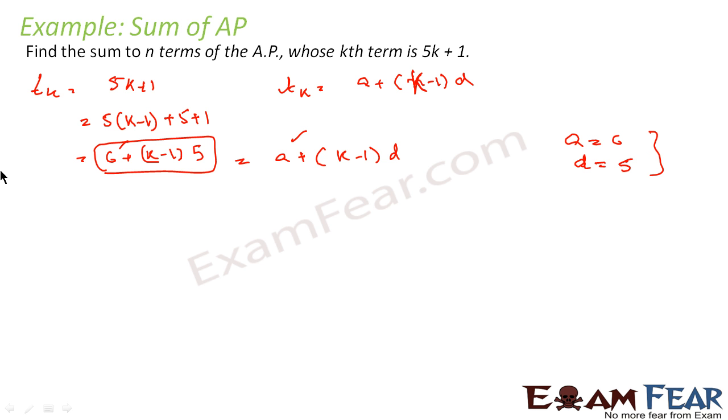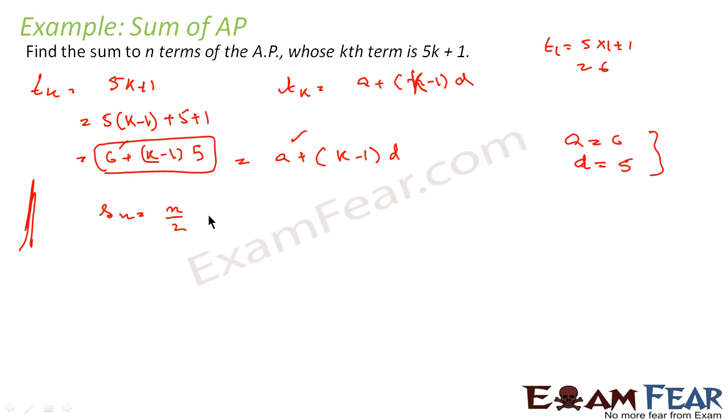Now we have to find Sn. Also, we know that t of 1 is nothing but 5 into 1 plus 1, that is 6. So a is equal to 6, d is equal to 5. This is correct. Now we have to find Sn.